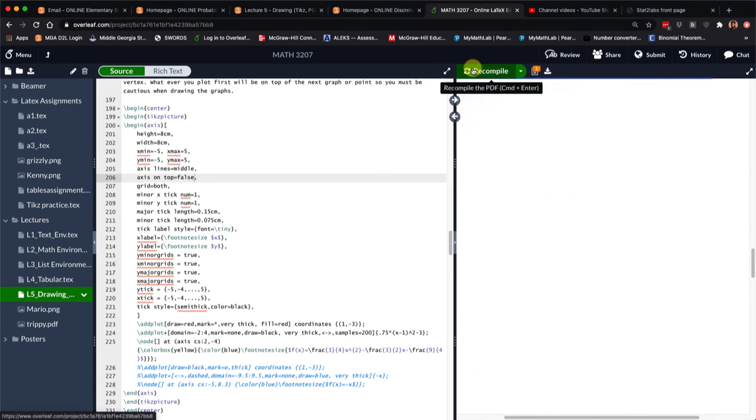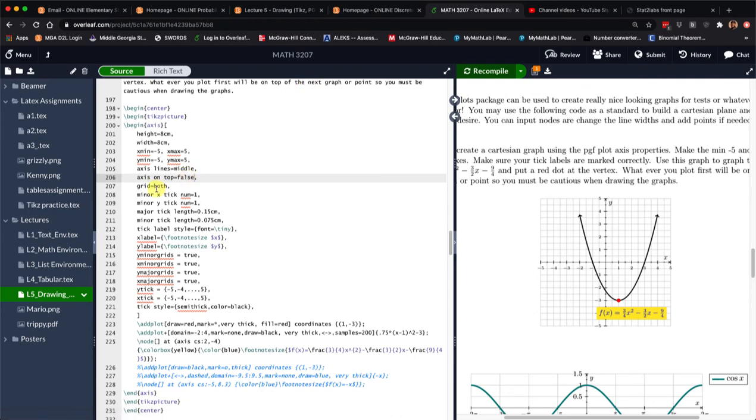Grid equals both means that it's going to do both the X and the Y grid lines. The minor X tick number is telling how many units you want it to go, so it's going by ones. The minor Y tick number is going by ones. You can also experiment with this.